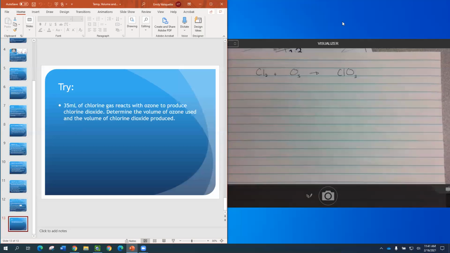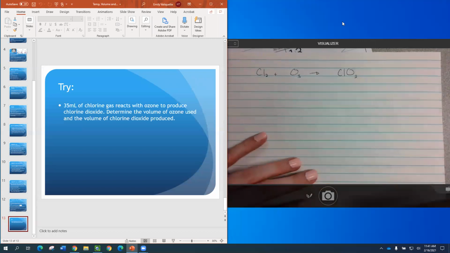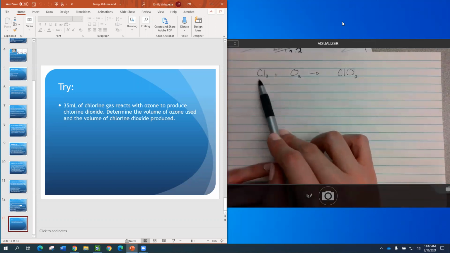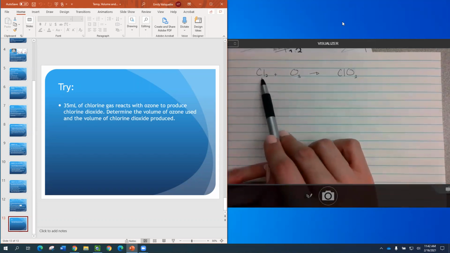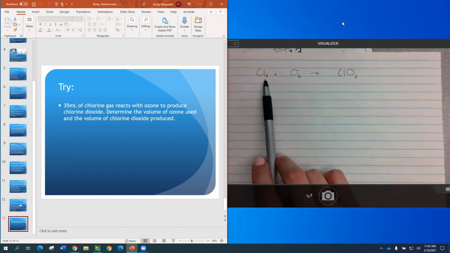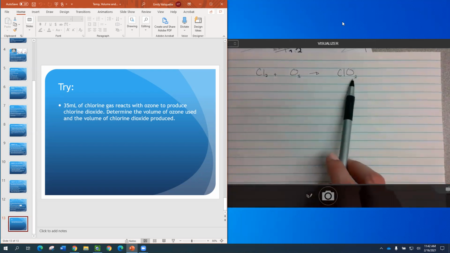Okay, so the first step is to just write out our chemical equation. And so the first thing you have to know is that we have chlorine gas. Chlorine is diatomic. It's one of our Hofbrinkel molecules, so we need that little 2 there. It's reacting with ozone, which is O3, to produce chlorine dioxide.